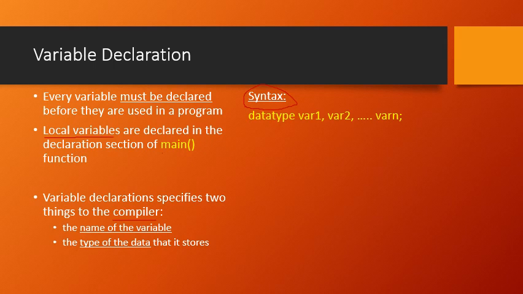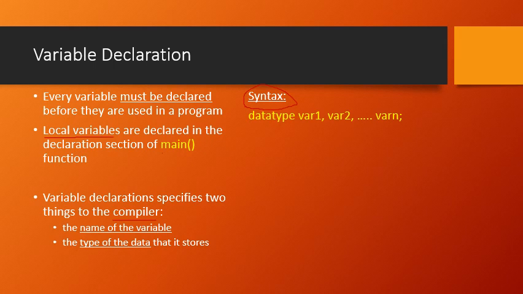In a particular programming language, the statements we write should adhere to certain rules, and we have to write the statements based upon those rules. That is what we call syntax.